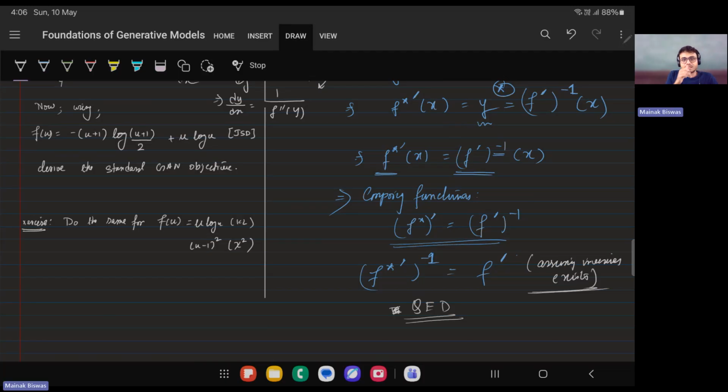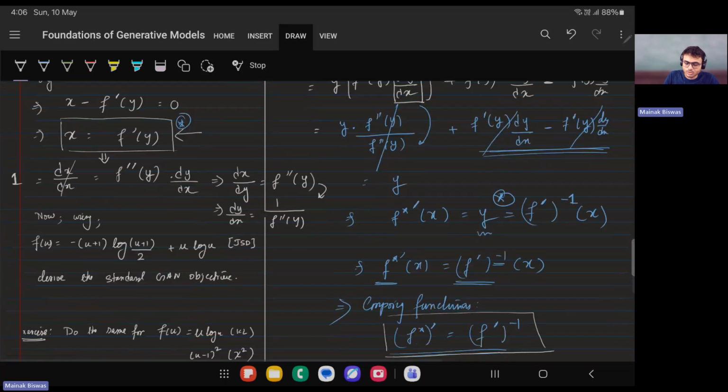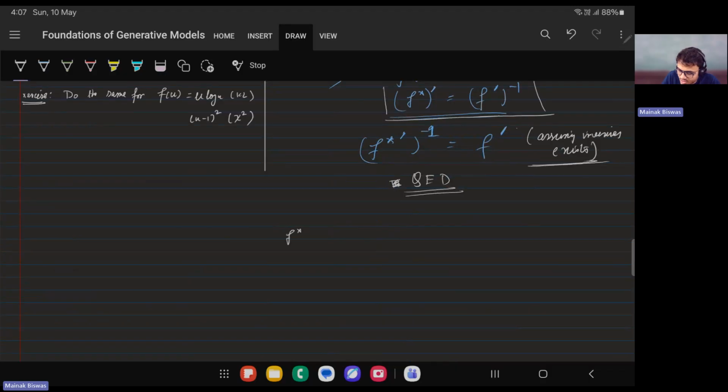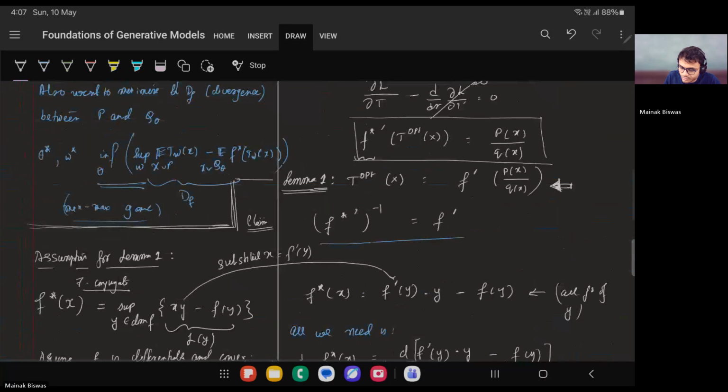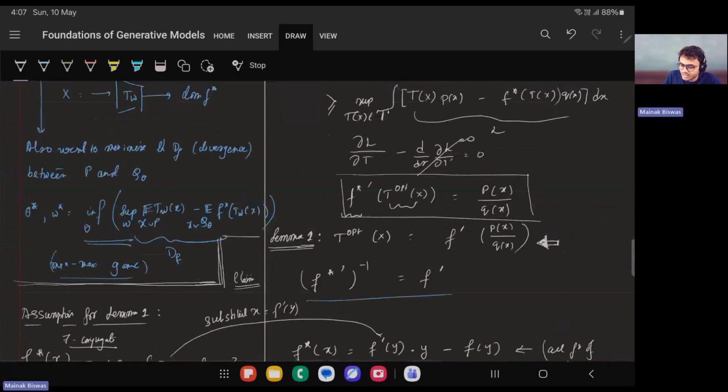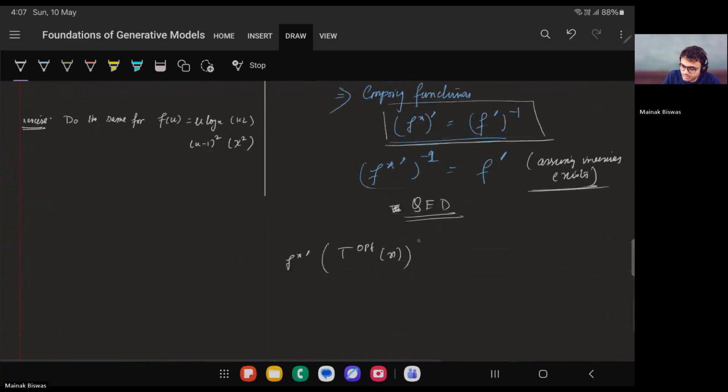Right? Very nice. So now once we are able to prove this, I can use this value that I have over here. So in the original equation, we found out f star dash of p by x, or t optimal, t opt of x, is equal to p by q, px by qx, right?